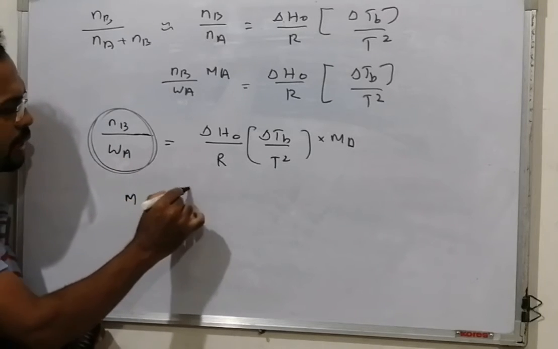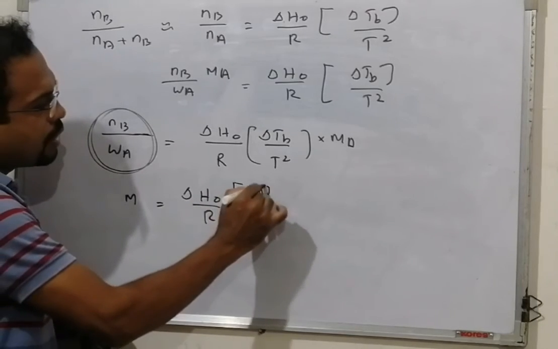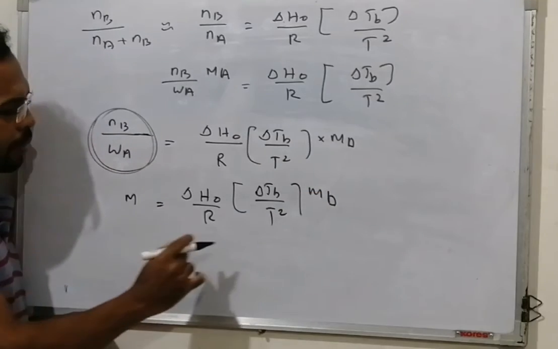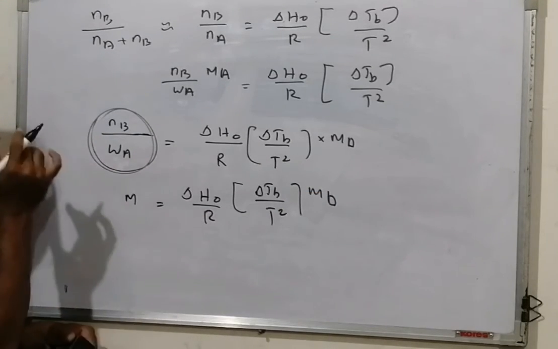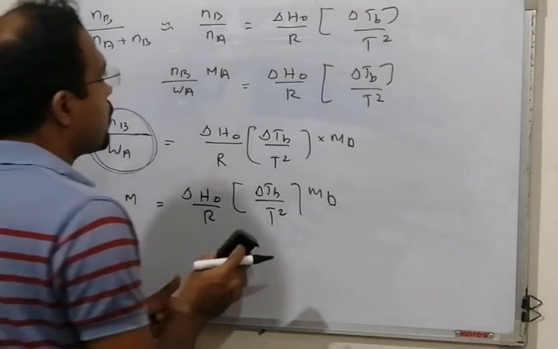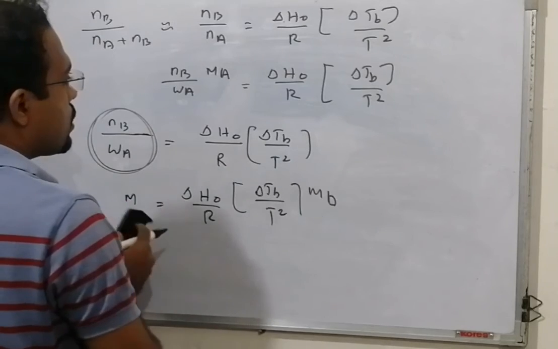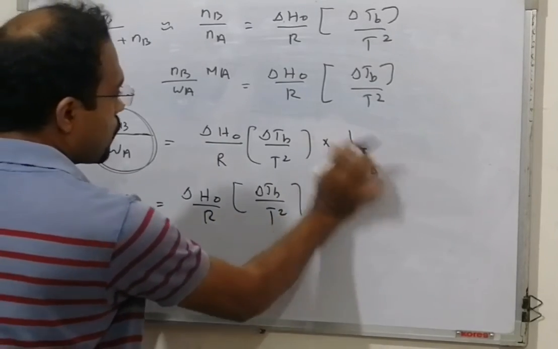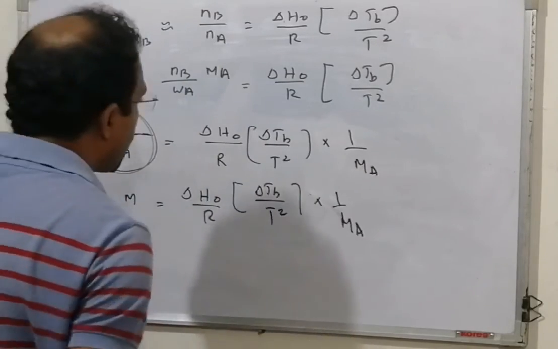Therefore, molality is equal to delta H0 by R into delta TB by T square into MA. Now you bring all this: this MA will be here as 1 by MA, because it is up, therefore it goes down.